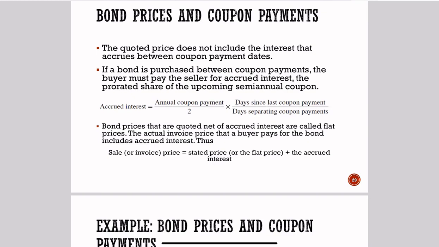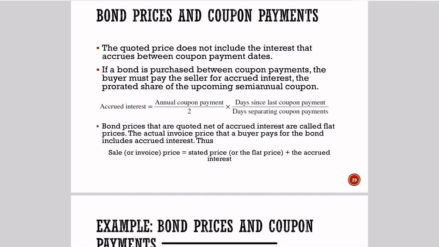So let's see how this adjustment works. So basically, if a bond is bought between coupon payments, the buyer must pay the seller for the accrued interest, which is the prorated share of the upcoming semi-annual coupon. So here you can see that the calculation here is actually pretty easy.